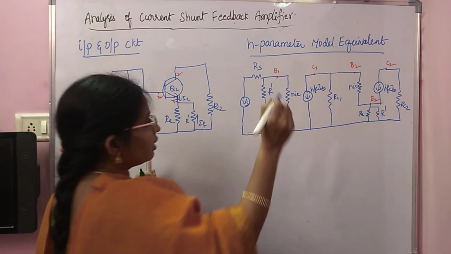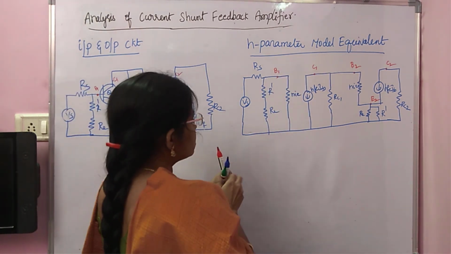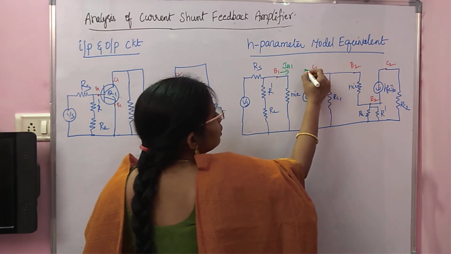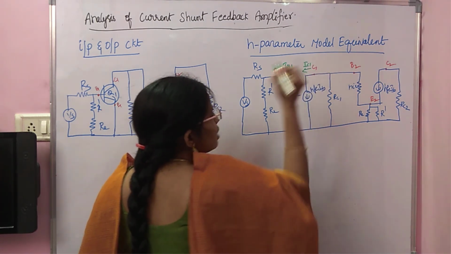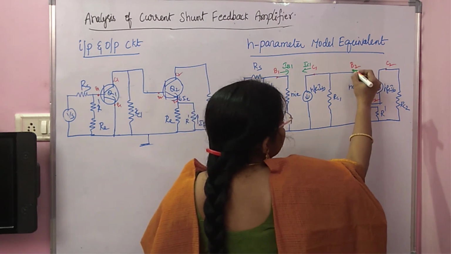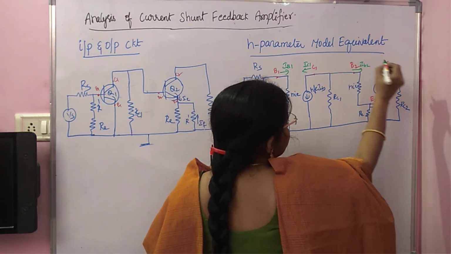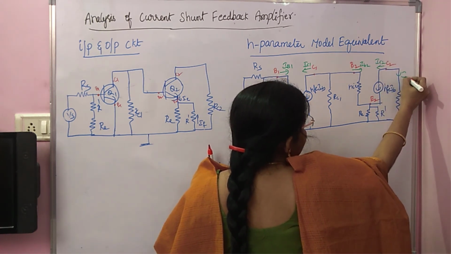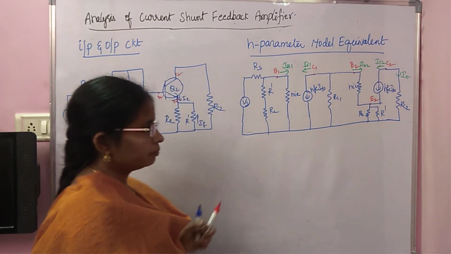Now I'll indicate the currents. This is IB1 and this is IC1. Next, this is IB2 and this is IC2. Let us take the output current as I0.